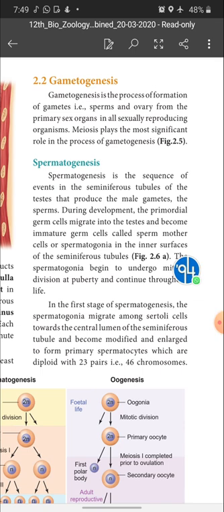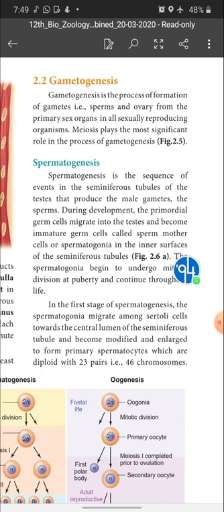How did it become diploid? The sperm has 23 chromosomes and the ovum has 23 chromosomes. When both nuclei fuse together to form a single nucleus, the chromosomes inside the nucleus also fuse together. So 23 plus 23, and the zygote has 46 chromosomes. What happens next?